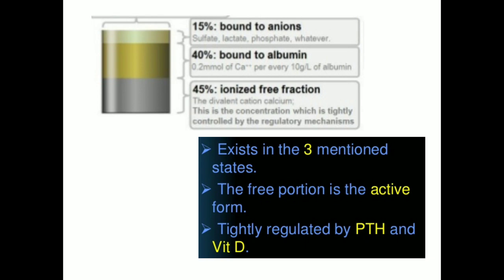If the albumin level increases, the bound fraction can increase. If the albumin level decreases, the bound fraction can decrease. That may change a little bit, but the free fraction in a normal person in a physiological condition will always be tightly regulated because that is the active portion.